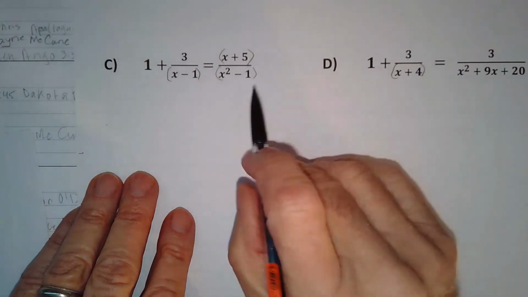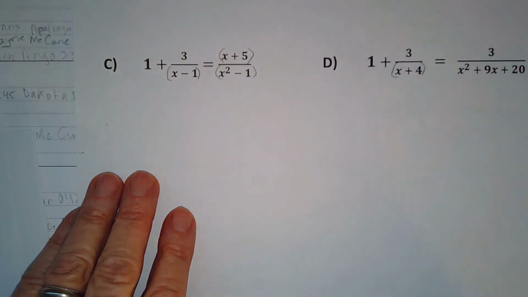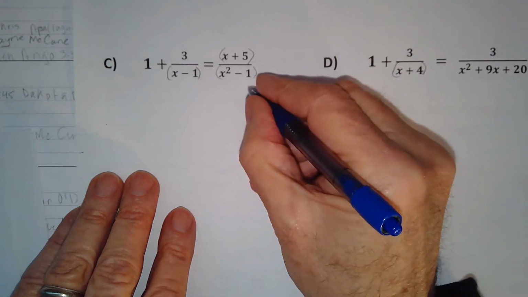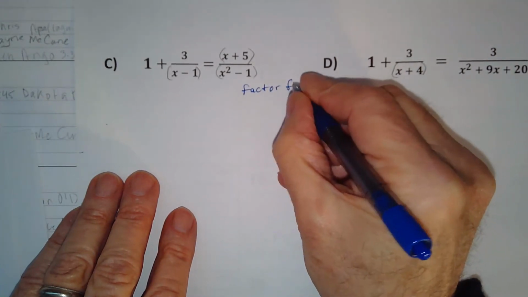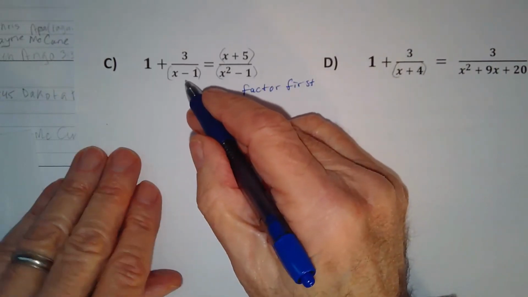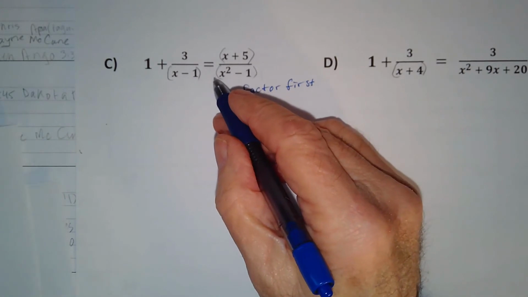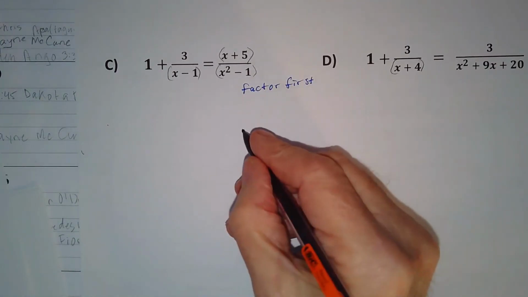All right, so I'm going to need to factor first, because I've got to take care of this here. So factor first. This is a linear factor, so let's just start over here.